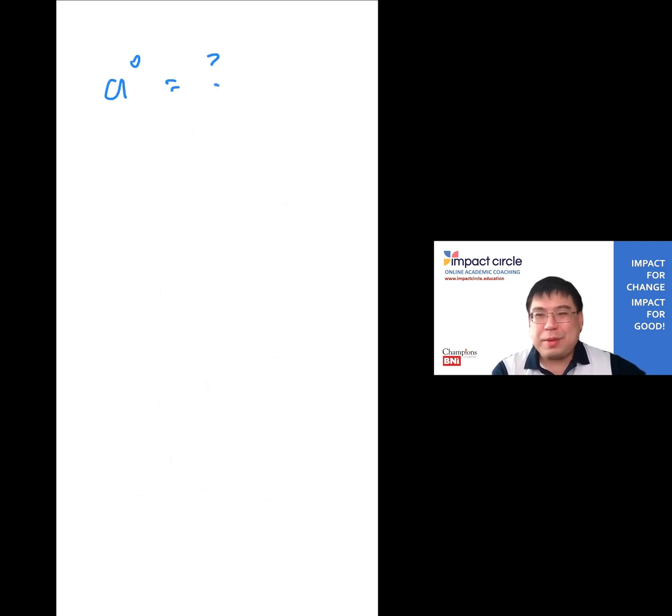It might not be immediately apparent to everyone, but let's use the second law. What does the second law say? The second law says a to the m divided by a to the n is equal to a to the m minus n.